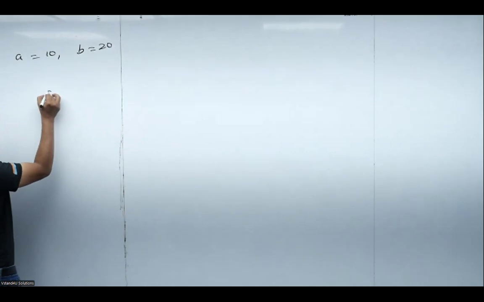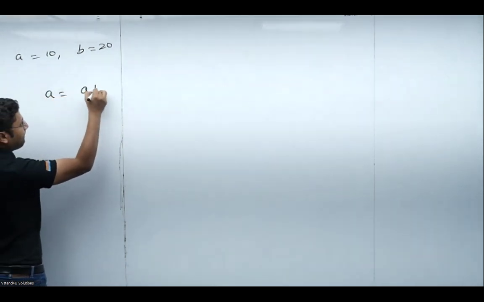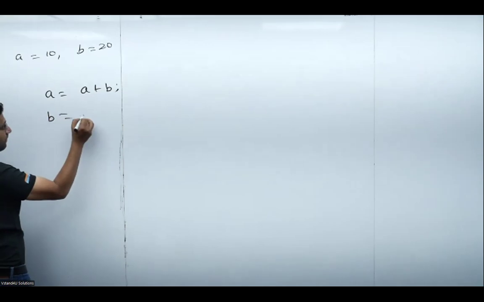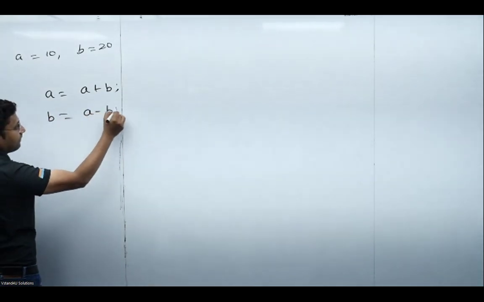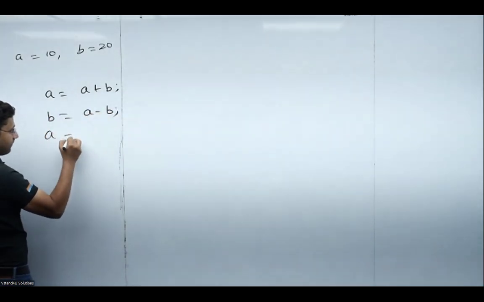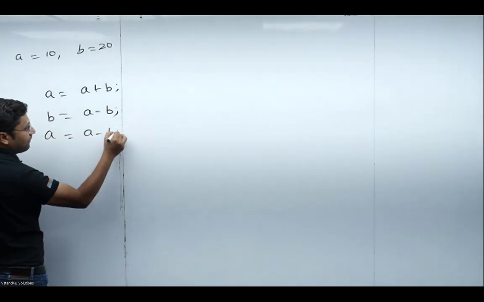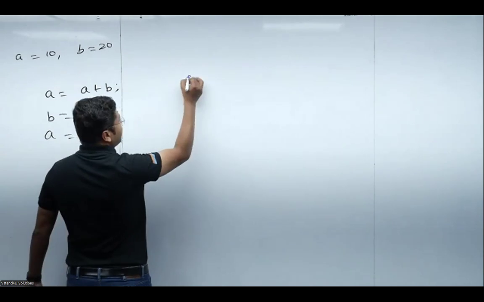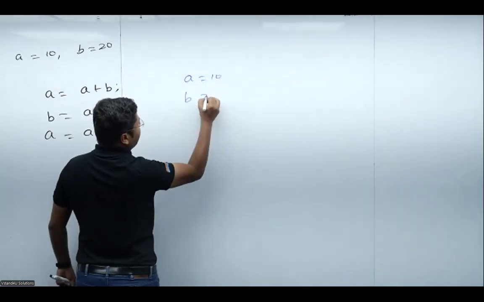Pay attention. A equals A plus B. Are you sure? Yes or no? Will it work? Let's check. The A value is already 10, the B value is already 20.